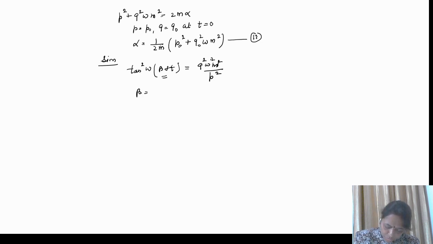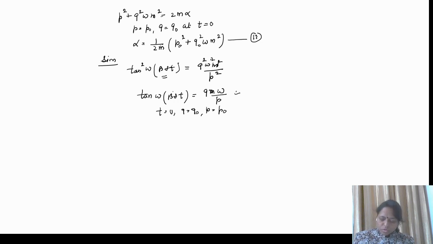Beta will come out to be 1 upon omega tan inverse. First you take it in terms of t: tan omega beta plus t is equal to q m omega by p. Now again put t equal to 0, q is q naught and p is p naught, and solve this relation.